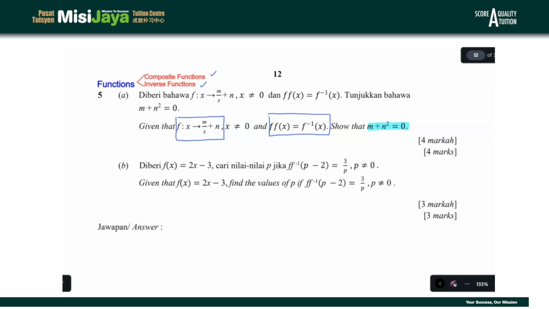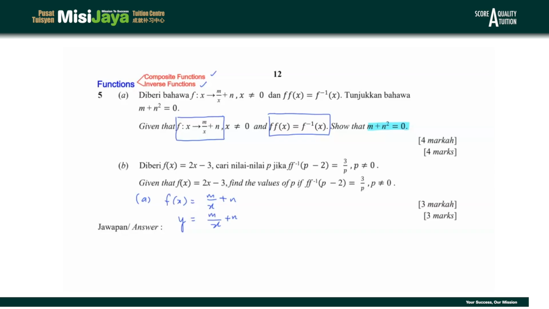So here, I'm going to find what is my inverse f(x) first. My f(x) is given as m over x plus n. So I let this be y equals m over x plus n. Now my aim is to get x to be the subject on the left.